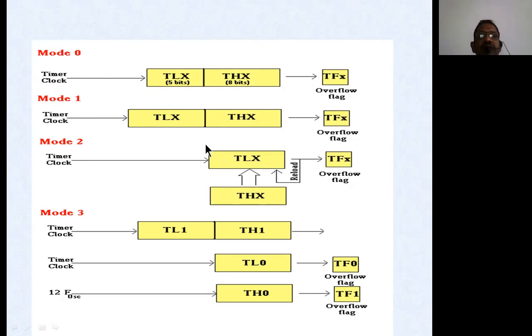For mode 1 applications, 16 bits are used. And for mode 2, reloading is done, which means only 8 bits are used for the timer applications. And for mode 3, the lower order timer 0 bits are used for the timer, and the higher order timer bits are used for oscillator applications.